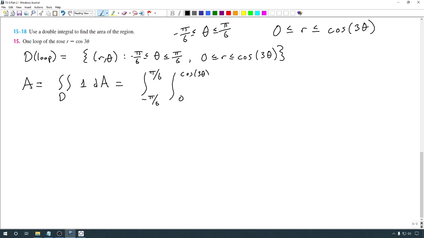We don't have to replace x or y because we're just getting a 1 in here. But we do have to remember that extra r. That extra r still needs to be in there. So we're really going to be integrating r with these conditions. Now, we don't have any thetas in the integrand, but because we do have thetas in our limits, we can't split this up. But we're just going to go ahead and integrate r.